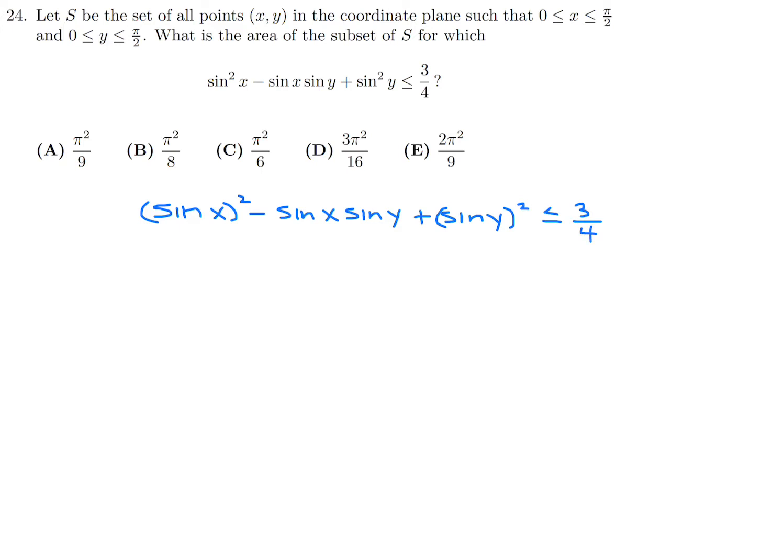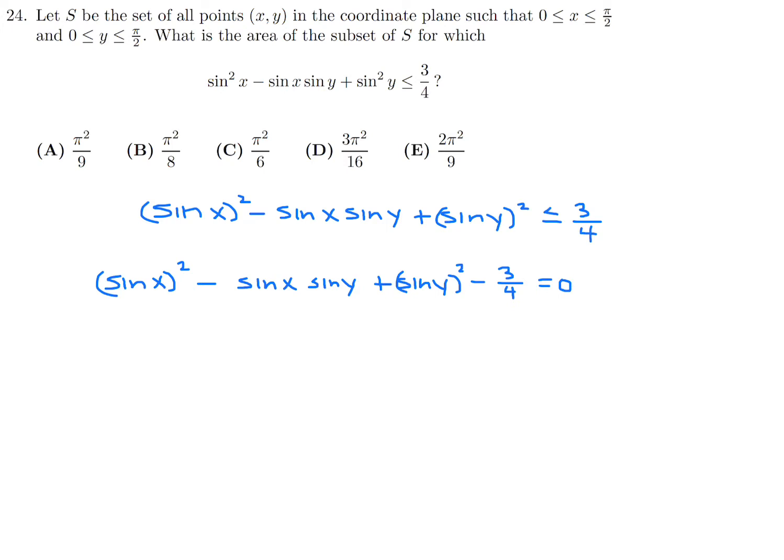So the first thing we need to do is solve for the equation when it's equal to. So what that really means is the following: sine x squared minus sine x times sine y plus the sine of y all squared minus 3 over 4 is equal to 0.